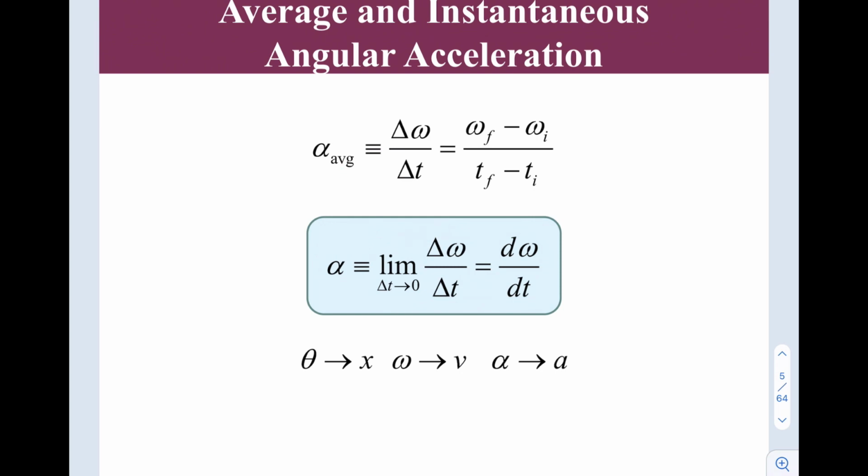And alpha average has the unit radian per second squared. Talking about average, a pair of it must be instantaneous. Instantaneous angular acceleration is defined as the limit of delta omega over delta t whenever t is approaching 0, or equivalent to d omega over dt.